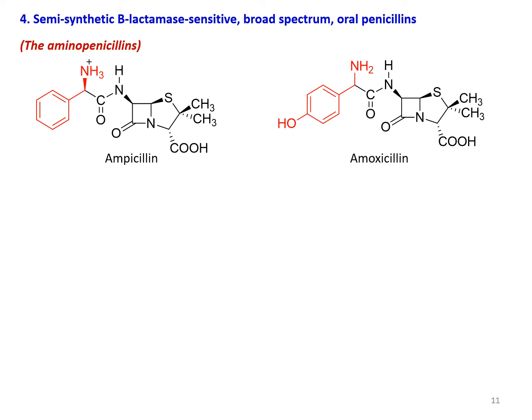Alongside the huge electron withdrawal upon ionization, the positively charged side chain will lessen the chance of protonation of the beta-lactam nitrogen, which activates the beta-lactam prior to acid-catalyzed hydrolysis. This contributes even further to stabilizing the aminopenicillins, thus enhancing their oral bioavailability.